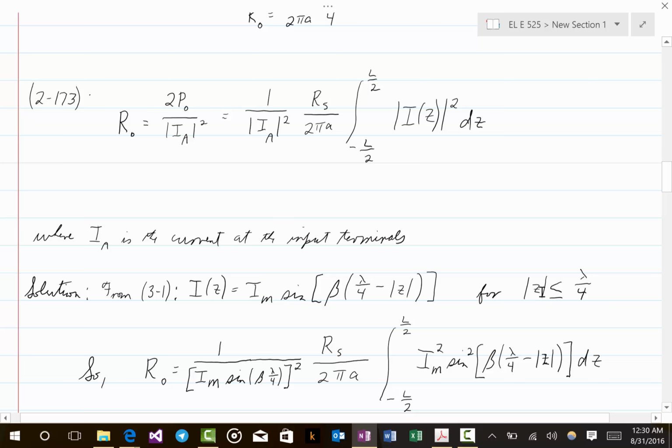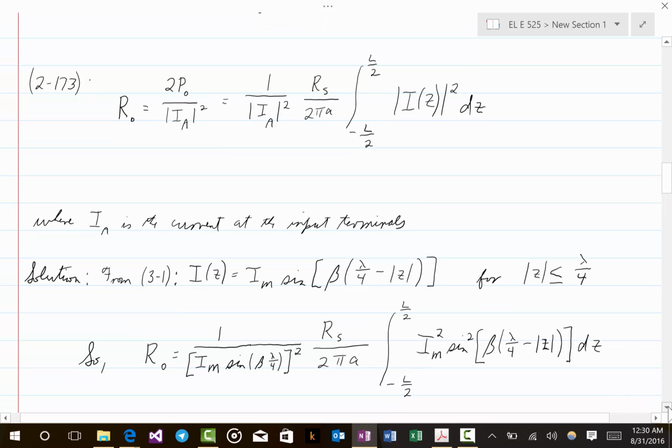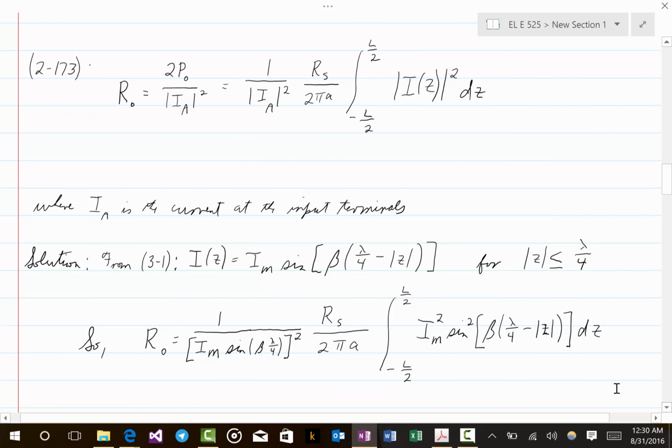And this is good for absolute value of z less than or equal to lambda over 4. So if we use that to substitute into the expression for R0, we'll get the following, okay?